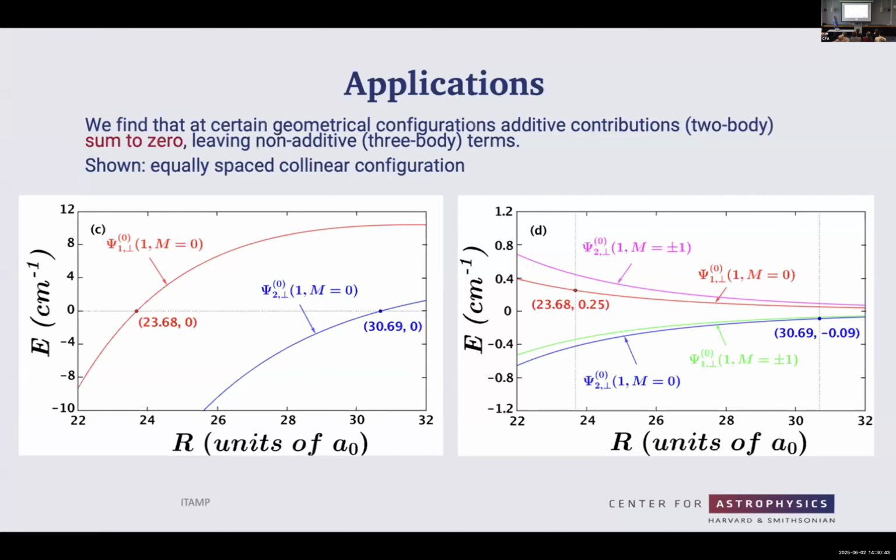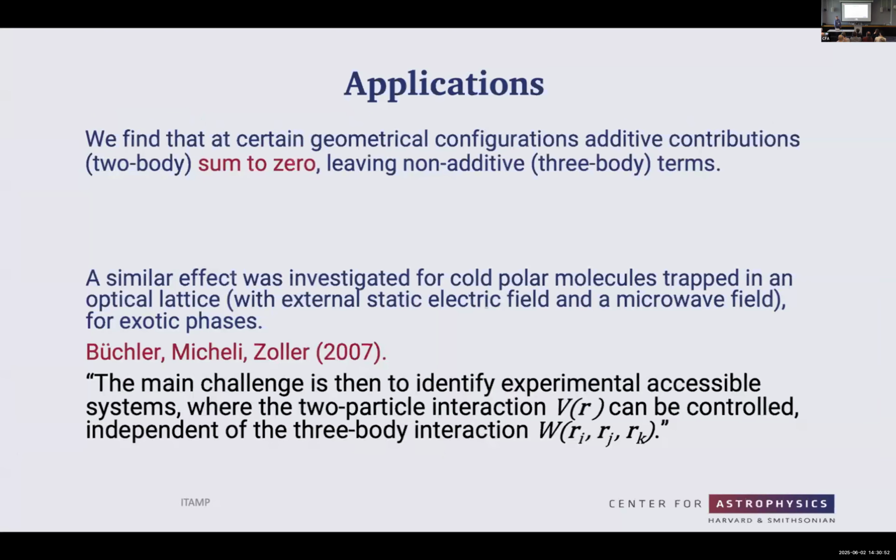And that's an interesting result, which reminded us of something we had read by Buchler et al. They were looking for optical lattice configurations where they could turn off the two-body interaction, or control it, and get at the three-body interaction to try to make models beyond the Hubbard model. So they had polar molecules in the lattice with some external fields.